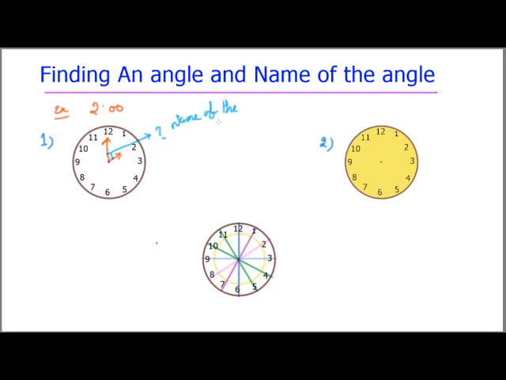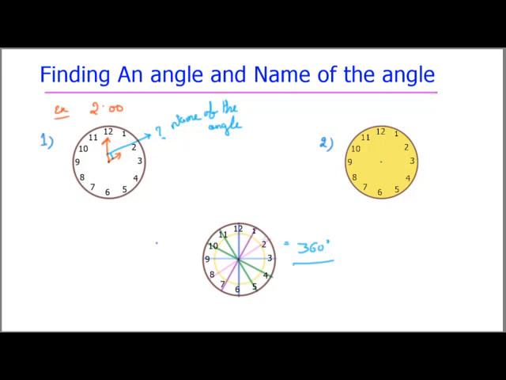For that, we know a complete circle has 360 degrees. So we take the clock as a circle and take the total angle as 360 degrees.